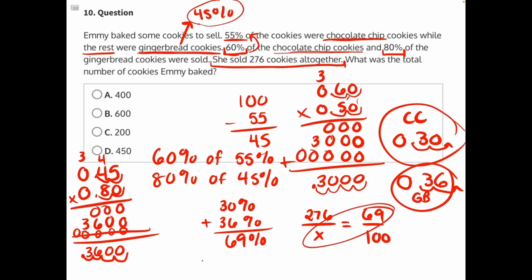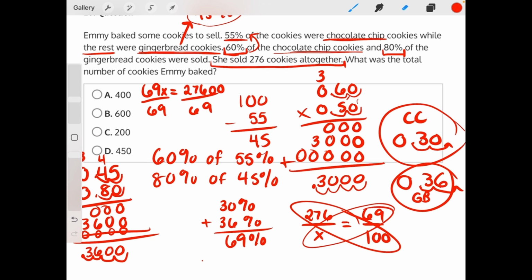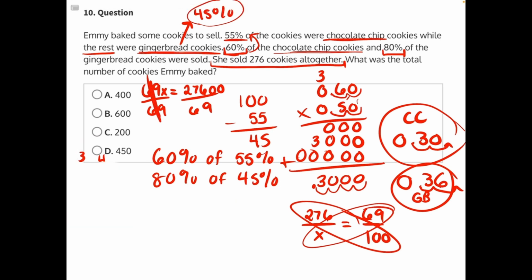We would have 69x is equal to 276 times 100, which would be 276, add 2 zeros, so 27,600. Then we would do opposite operations and divide both sides by 69. These two 69s will cancel, leaving us with x equals, how many times can 69 go into 27,600?